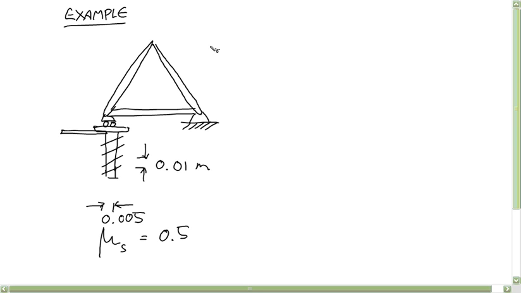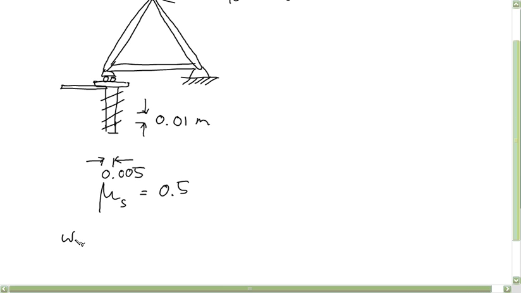Okay, so if you have a force acting here, let's say 10,000 newtons, what's the minimum force you have to apply to this lever? Oh, I have to give that a length.